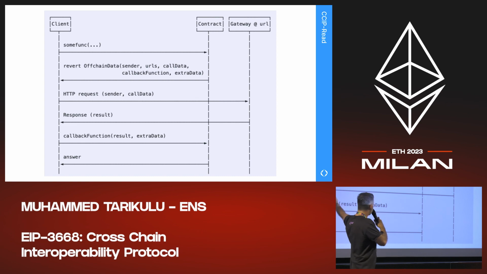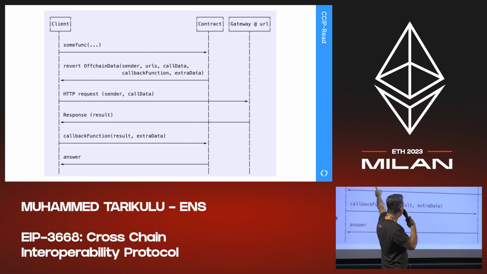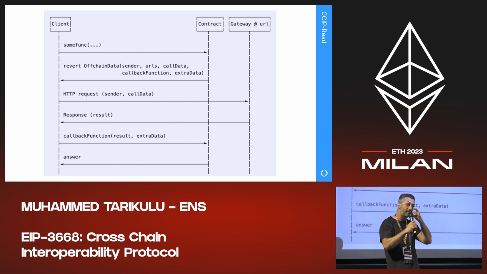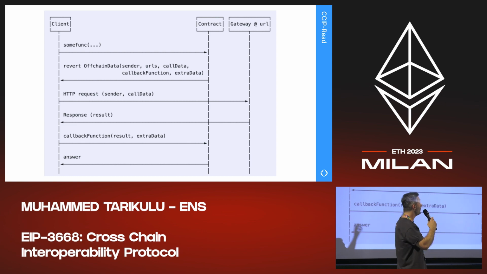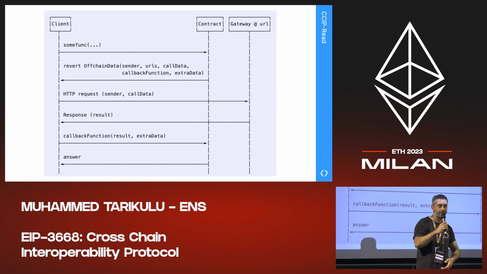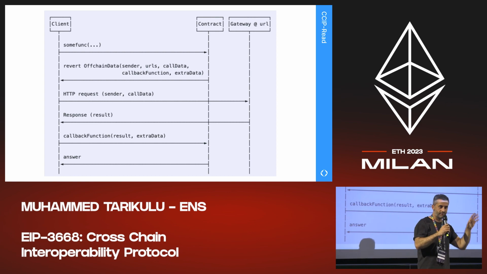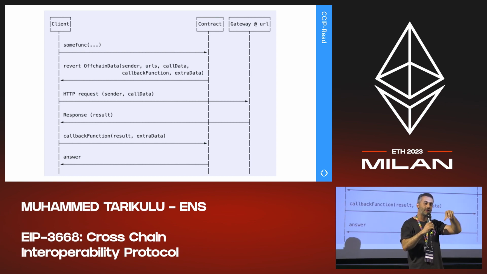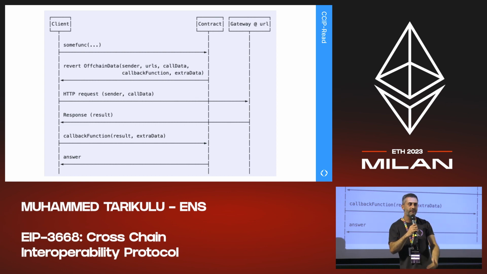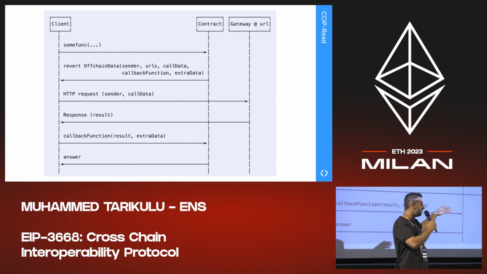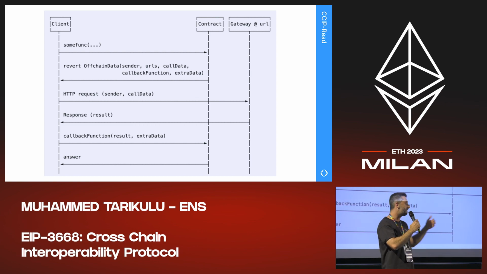The client gets this information, and using the URL from the custom error, goes to the gateway URL and asks the same thing, saying, hey, we tried to call this function to get the information, but couldn't find it, and it told us that the gateway knows about it. Then the gateway checks the URL and the call data, and if there is a result, it returns the result to the client.